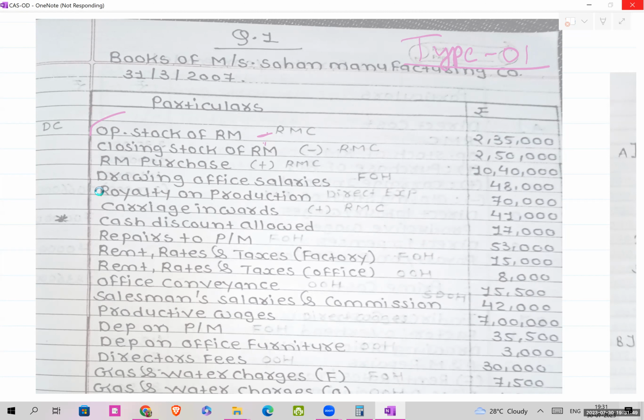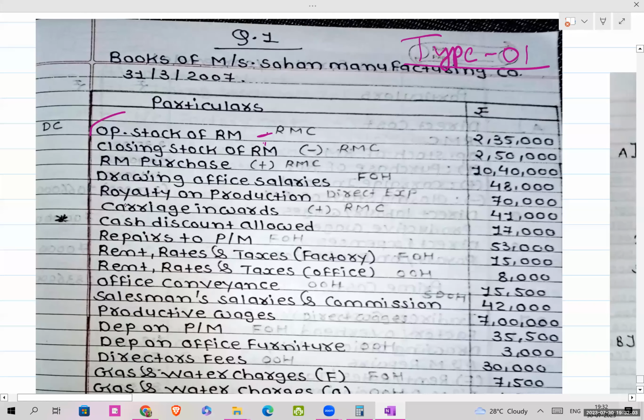Then comes drawing office salaries. When I say drawing office salaries, with the first term drawings, it is drawing and designing salary, which is a part of manufacturing. So it will go under factory overheads. You just have to mark it as FOH. Royalty on production.